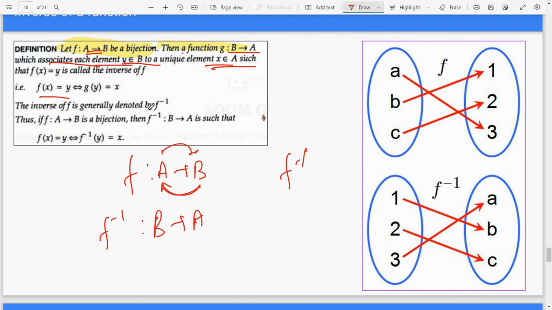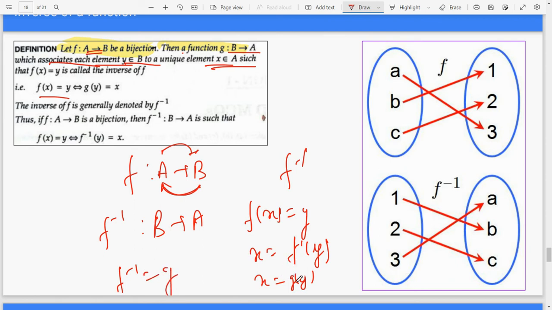It is represented this way: if f(x) is equal to y, then x is equal to f inverse of y. Or you can represent x equal to g(y) also. Let's say we represent f inverse by g, then we write x equal to g(y).